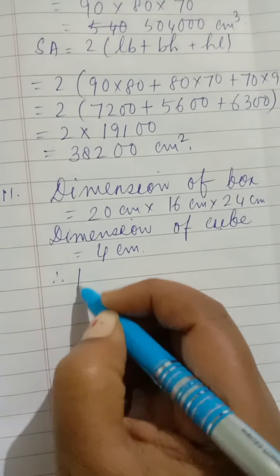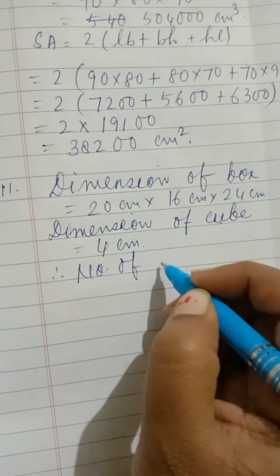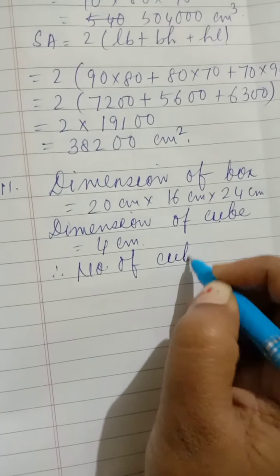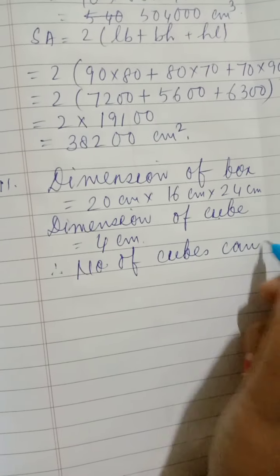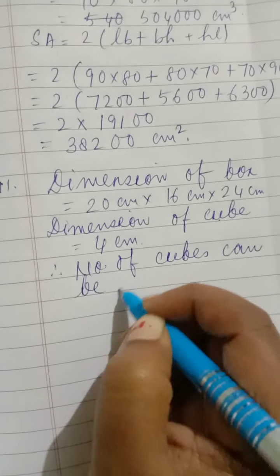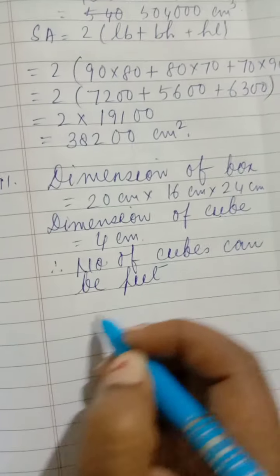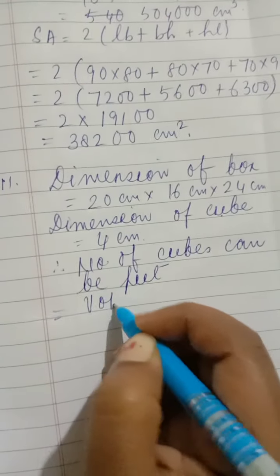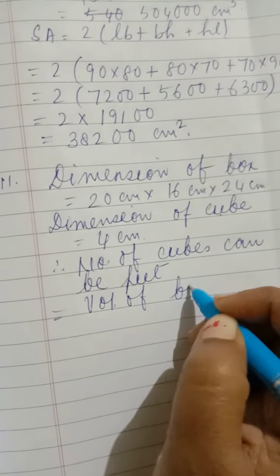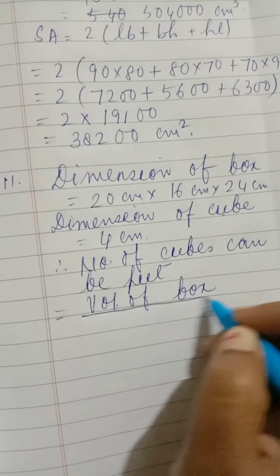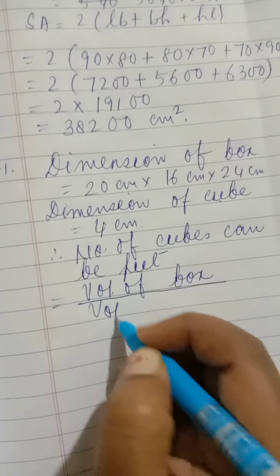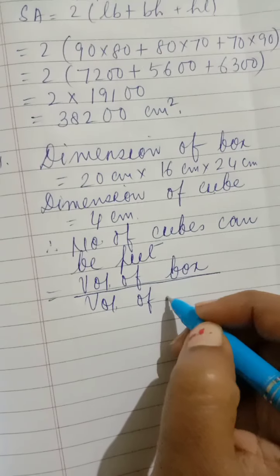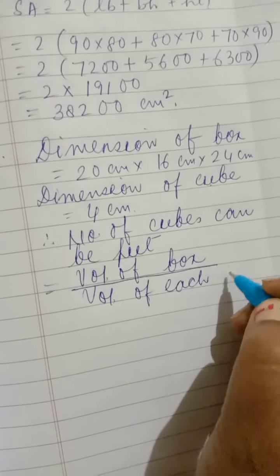Therefore, the number of cubes that can be put will be equal to the volume of the box divided by the volume of each cube.